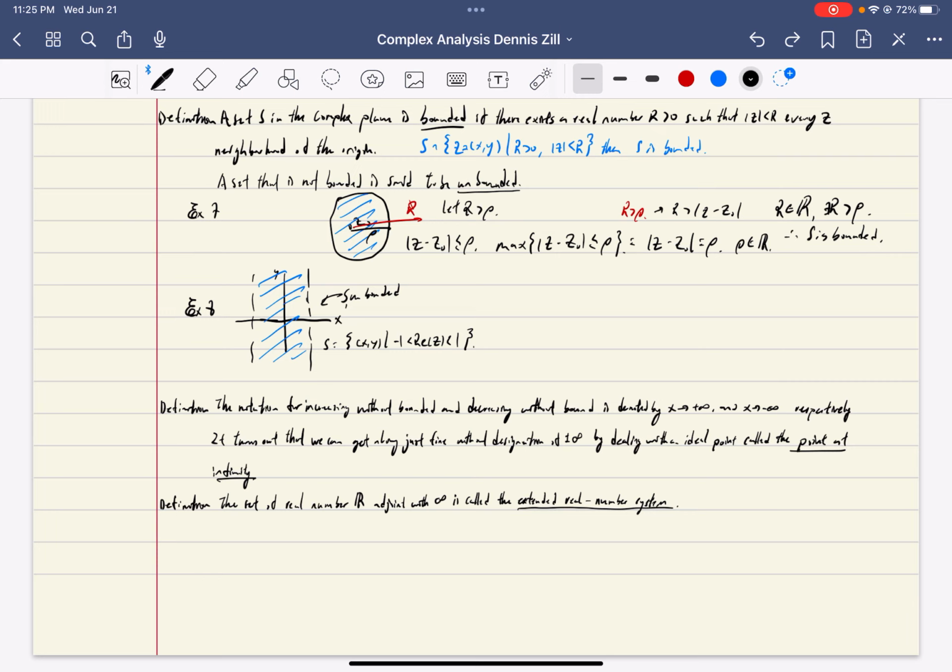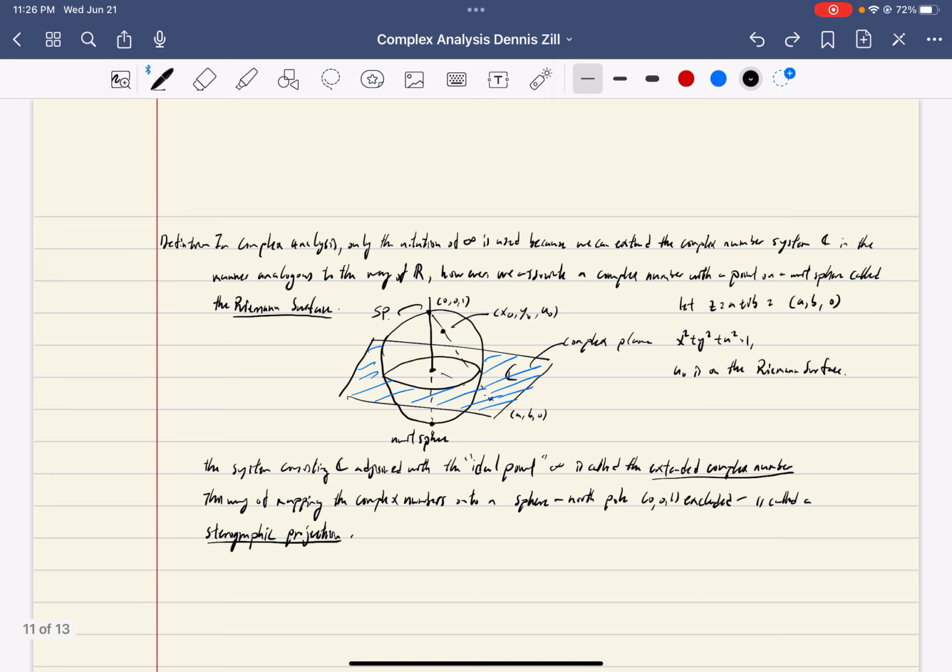It turns out that we can get along just fine without the designation of plus or minus infinity by dealing with an ideal point called the point at infinity. These are called ideal points because when conditions are ideal you can approach infinity. This approaches infinity, right? And another definition: the set of real numbers R adjoined with infinity is called the extended real number system, right?